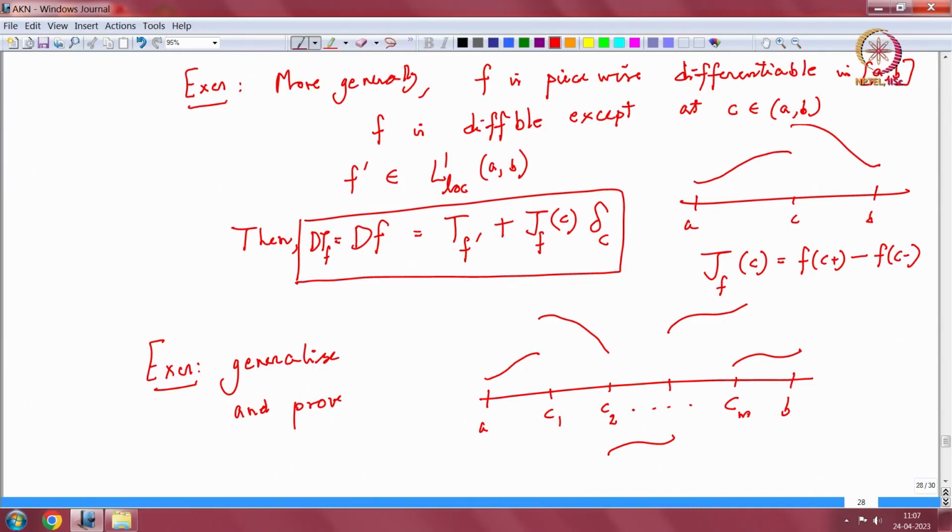So, you can write down your distributional derivative in terms of the classical derivative. The distributional derivative will have a classical part, if that classical part defines a distribution, together with distributions which are not functions. All right.